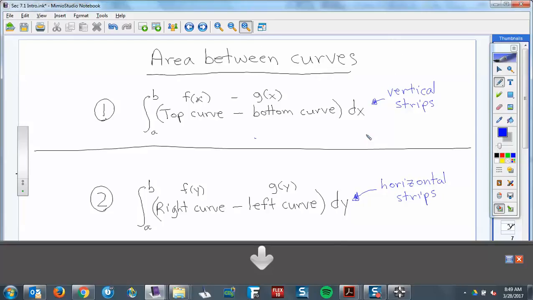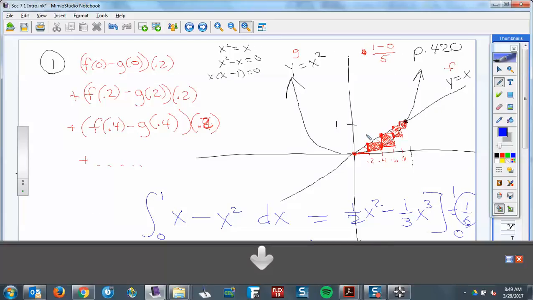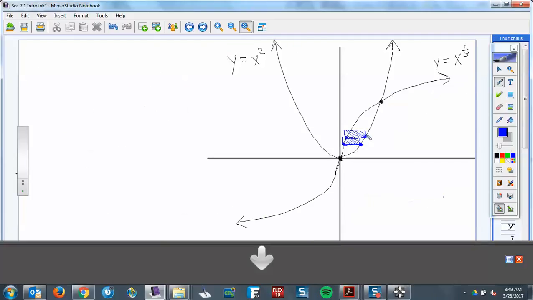Okay, now keep in mind, we were saying y value minus y value, right? It's whatever this y value was over here and this y value here, we subtract it. So on this one, it's this x value minus that x value.